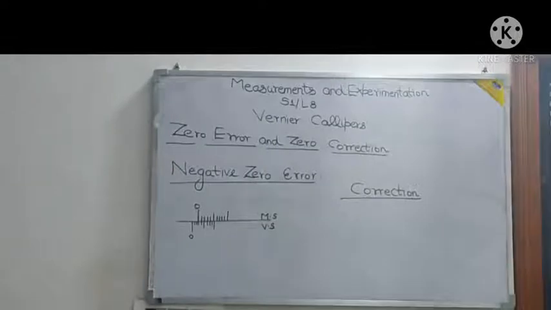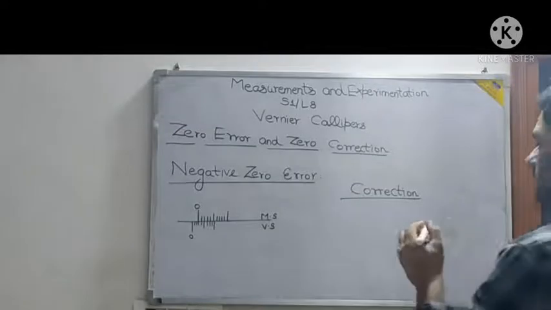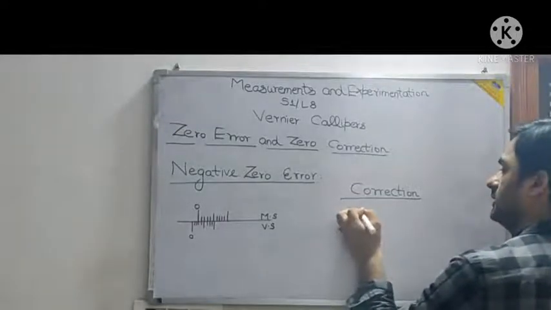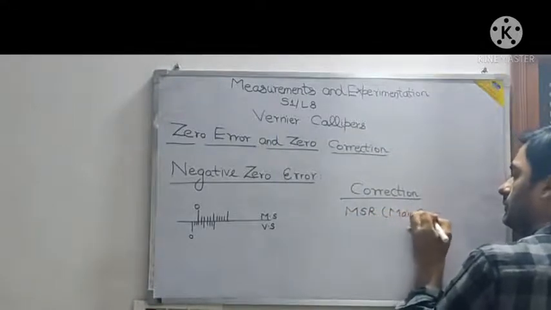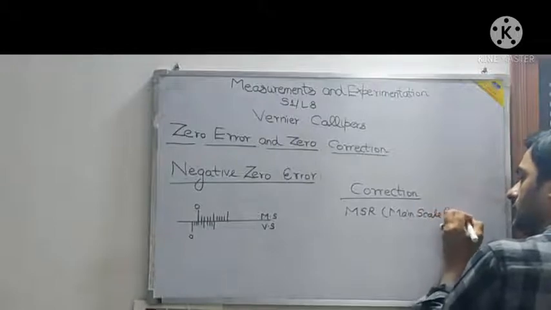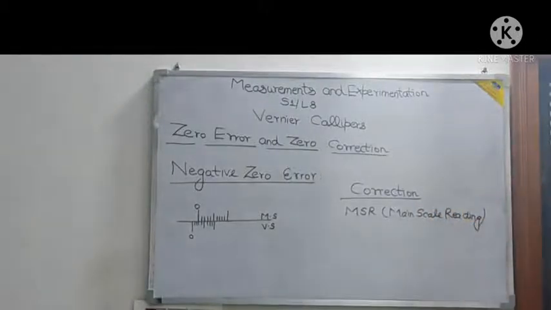So the formula remains the same, but one thing is there. See which division is coinciding. So for correction, first calculate the main scale reading. And what else? See, it is saying to find the zero error in this case, proceed as described.